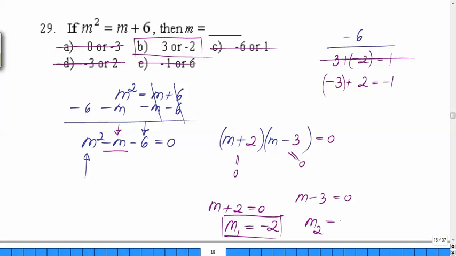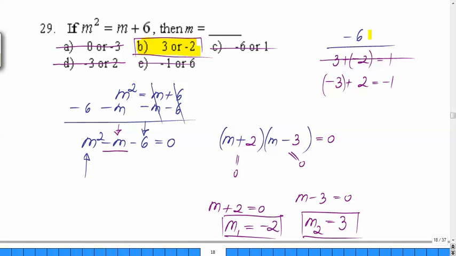By solving that equation, m equals 3, right, because 3 minus 3 will be 0, and this is your second one, 3. And this confirms that yes, B is the right answer, because for these two values, my m squared minus m minus 6 will be 0. And that's all. This is what you have to do by this method.